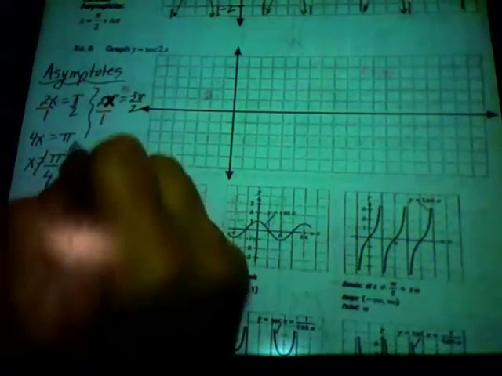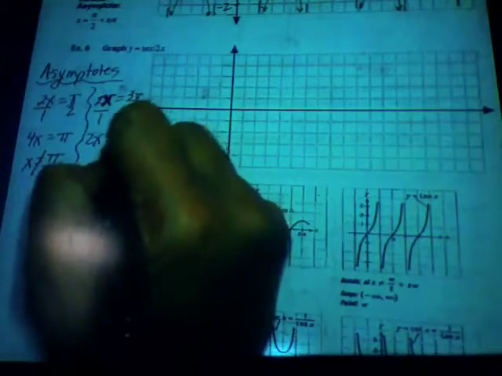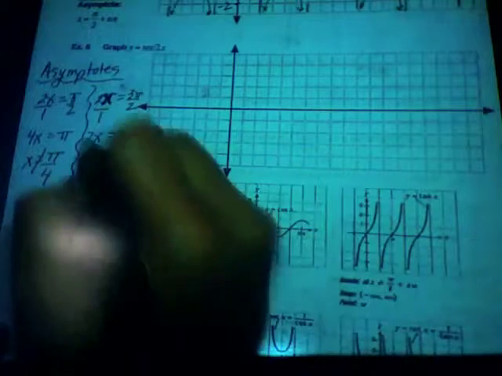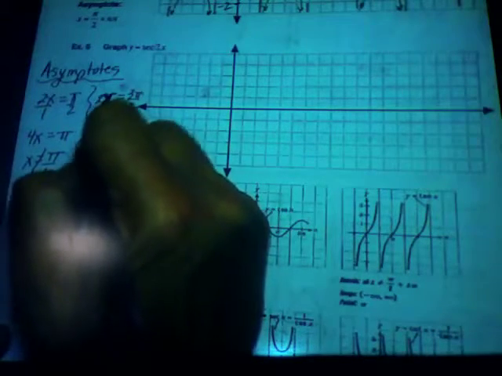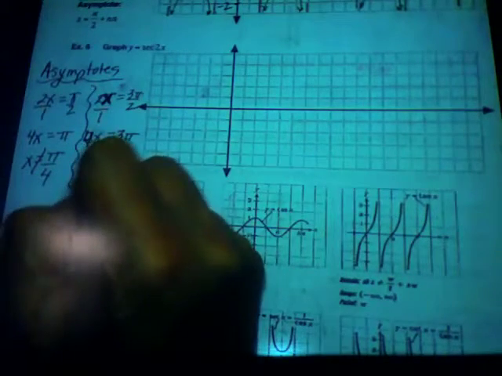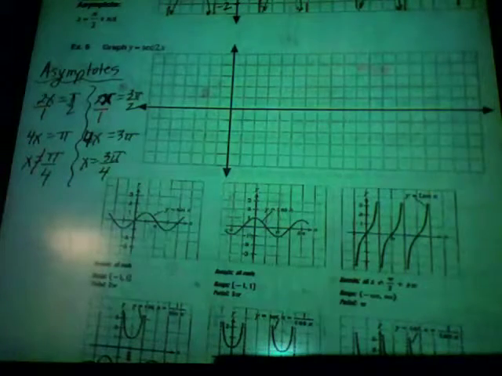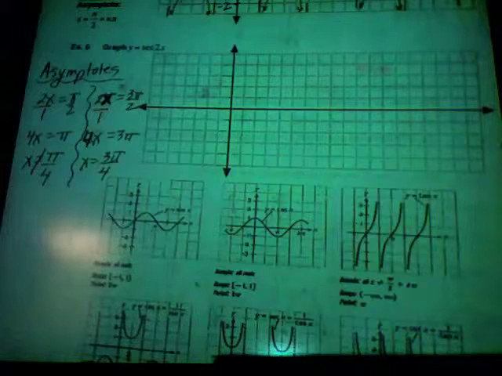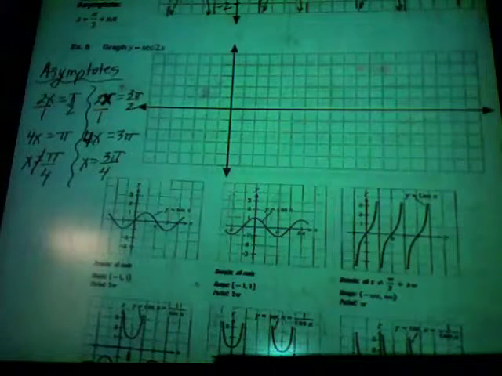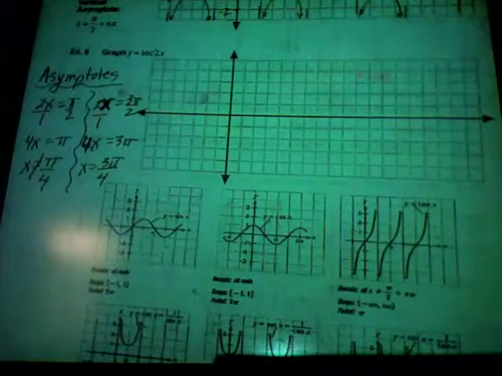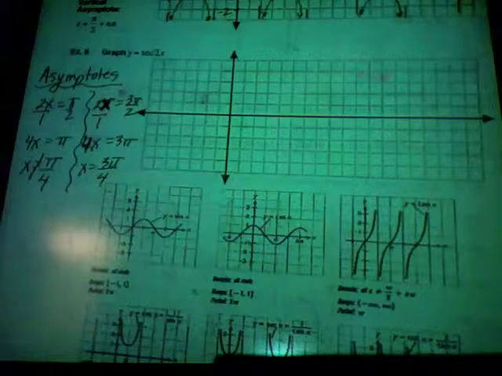Then for the next one, 2x times 2 is 4x equals 3 pi, and then divide by 4, x is equal to 3 pi over 4. So it's good that we're counting by fourths on a graph, because all we have to do is get the first set in, and then the next set will be fine.